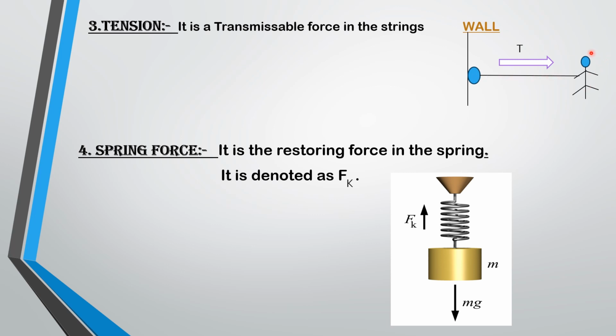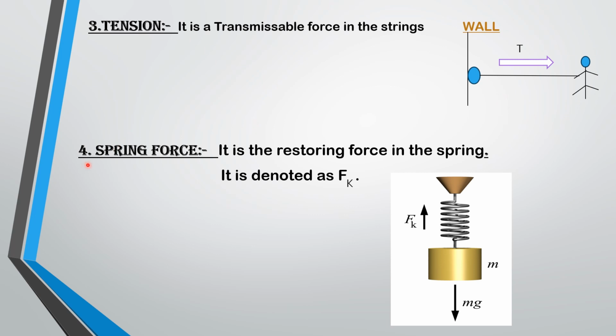He tries to drag that string or rope. Then what happens? A tension is produced. Due to that tension, the button breaks down. That tension is a type of force. This is the basic example of tension force.